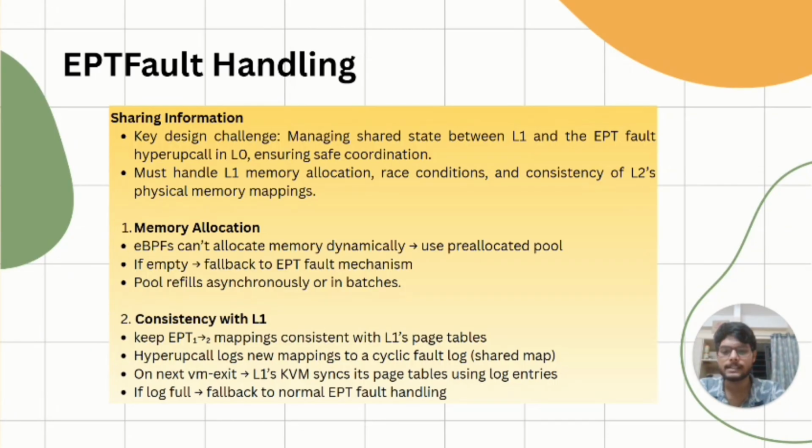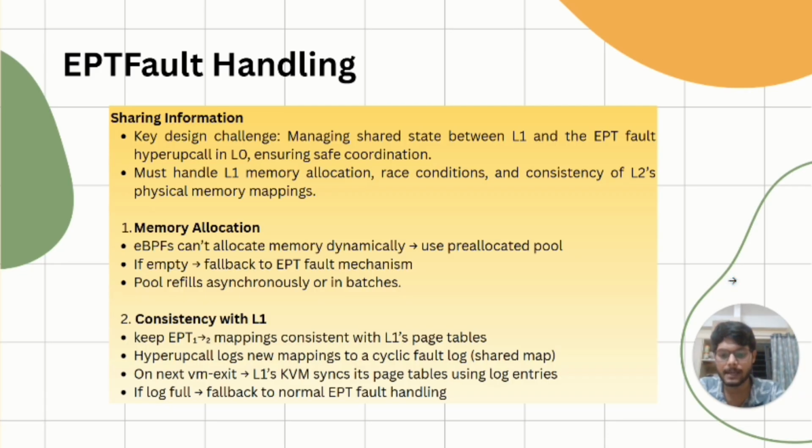One of the most important design challenges in HyperTurtle is handling EPT faults efficiently. When an EPT fault occurs, the system must manage shared state between L1 and the eBPF hyperupcall running in L0. This involves handling memory allocation, race conditions, and consistency of mapping between L1 and L2. Because eBPF programs cannot dynamically allocate memory, HyperTurtle uses a pre-allocated memory pool.